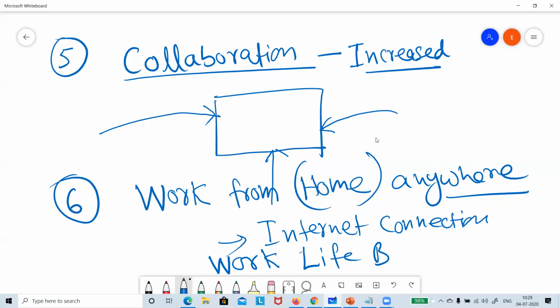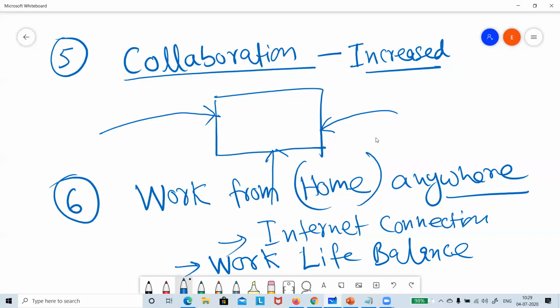Work-life balance. If you all agree, just let me know. Yes. It's important, right? So you just think how cloud is giving you benefit, how cloud is important, and why you should move to cloud.